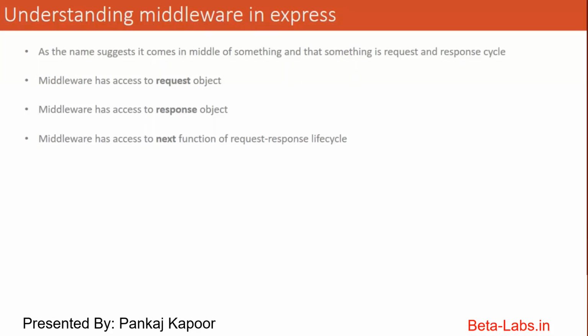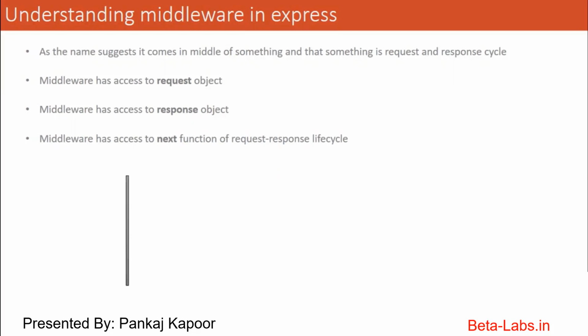Now, middleware also has a special function called the next function that will call the next middleware or the next route of the application. So the middleware has the special function that is next, in the request-response lifecycle. There is a starting point where the user makes a request, and there is an endpoint on the server machine.